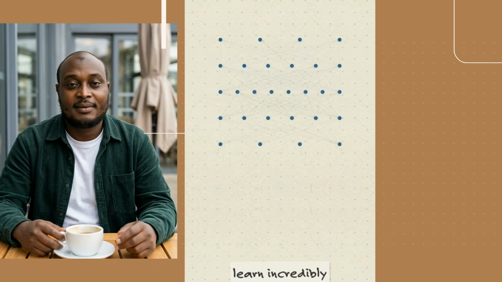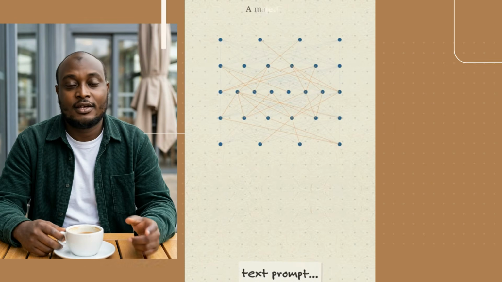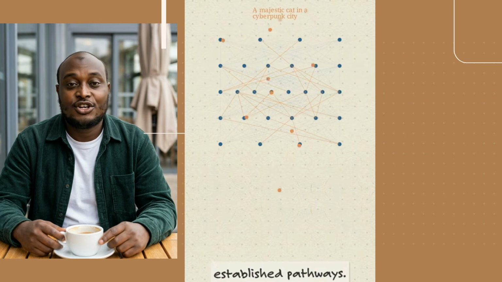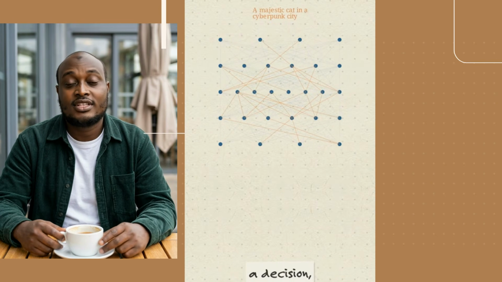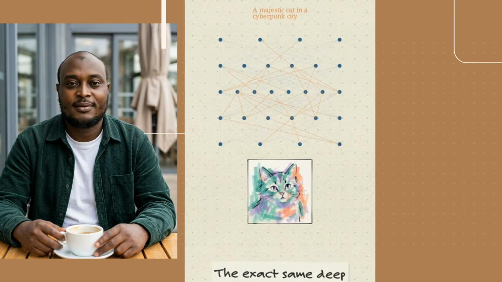The network expands into a massive mathematical structure, adding dozens of hidden layers that learn incredibly complex patterns. This is deep learning. Now watch the generative mechanism work. You type a simple text prompt, and those deep hidden layers run your words through millions of established pathways.